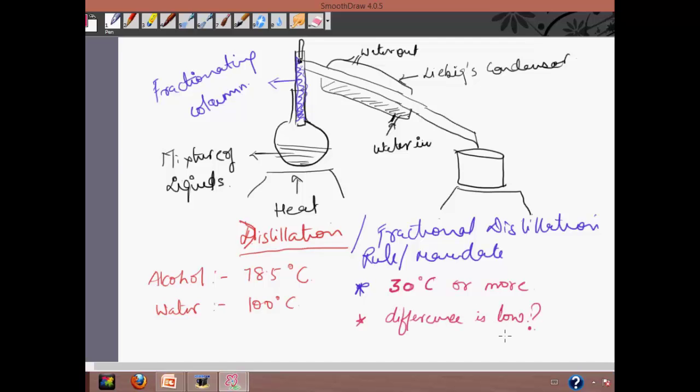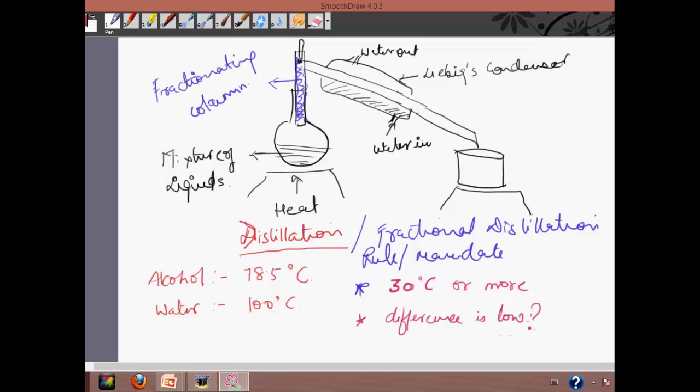For this, we have to fit the fractionating column over the distillation flask. Fractional distillation is widely used in industry to purify and separate miscible liquids.